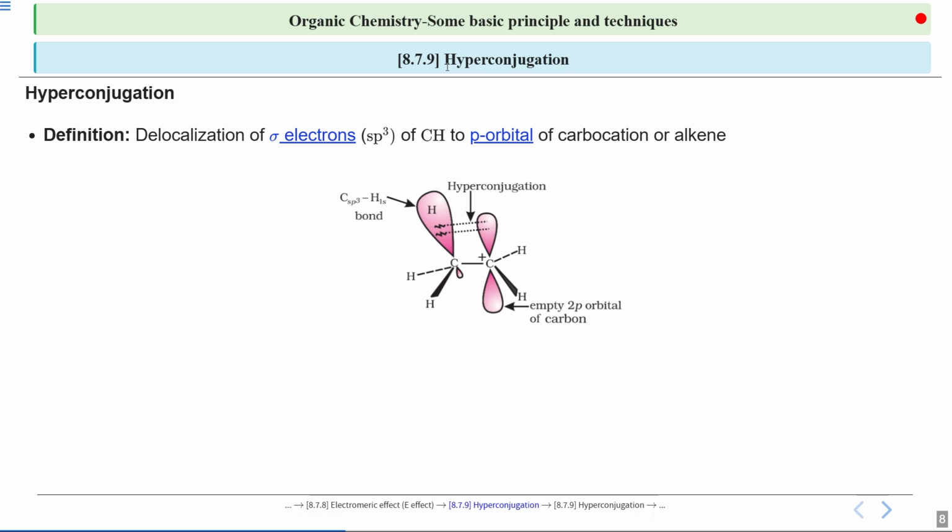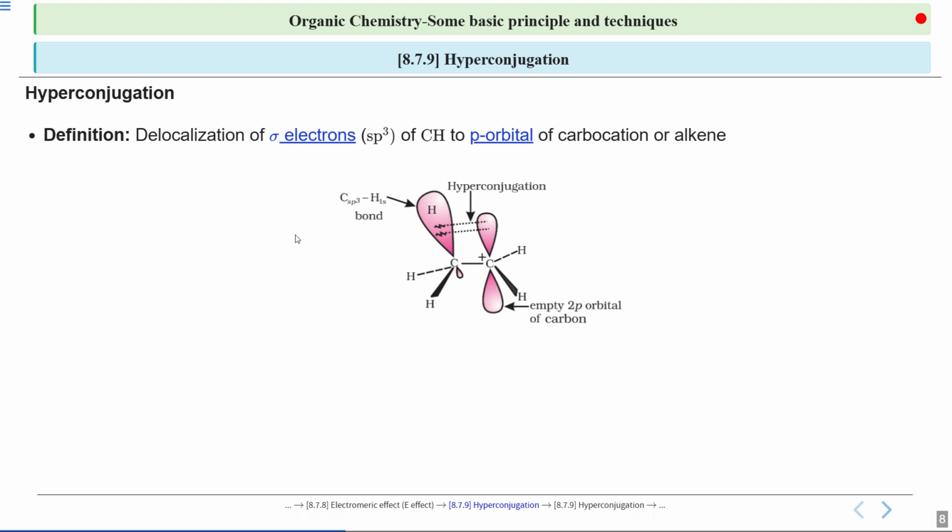We can see here the electrons between the hydrogen and carbon. That is the reason I have written C-H. So the electrons between the carbon and hydrogen are being moved on to the p orbital. So this is the empty p orbital of a carbocation or an alkene. So both can be the reason for hyperconjugation. Either it can be a carbocation or it can be an alkene.